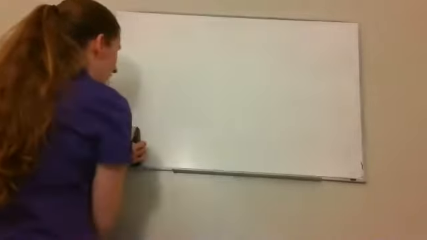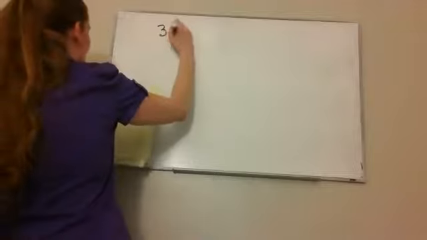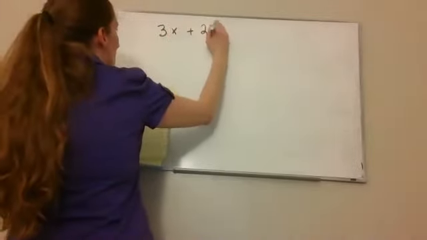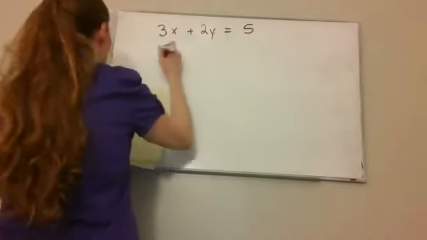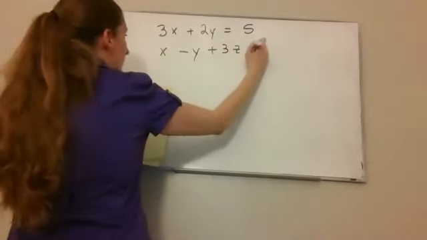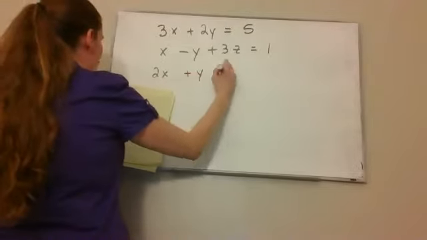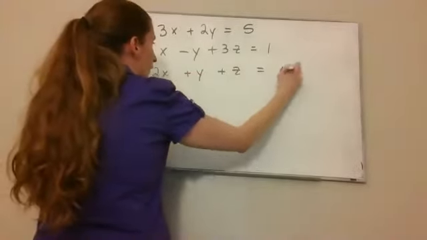So just for an example of how you can write these, here's a system of equations. 3x plus 2y equals 5, x minus y plus 3z equals 1, and 2x plus y plus z equals 4.